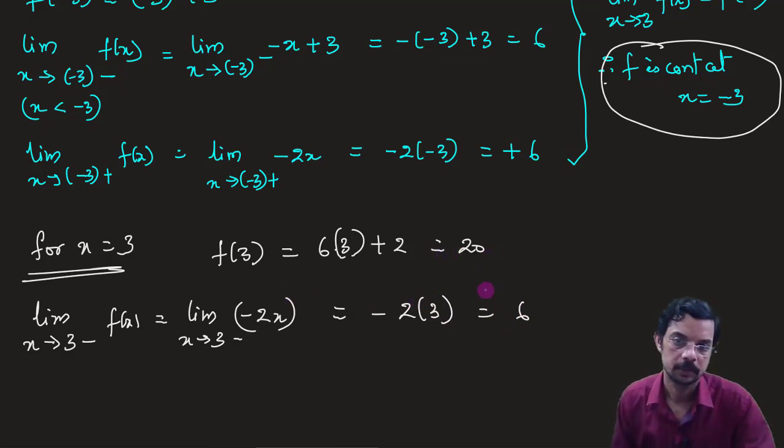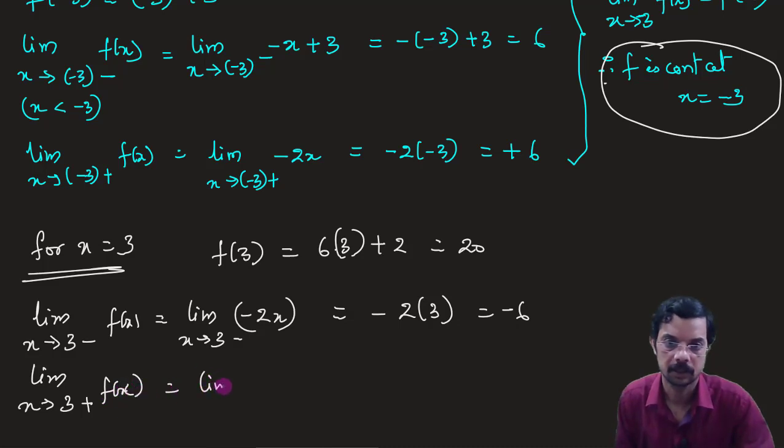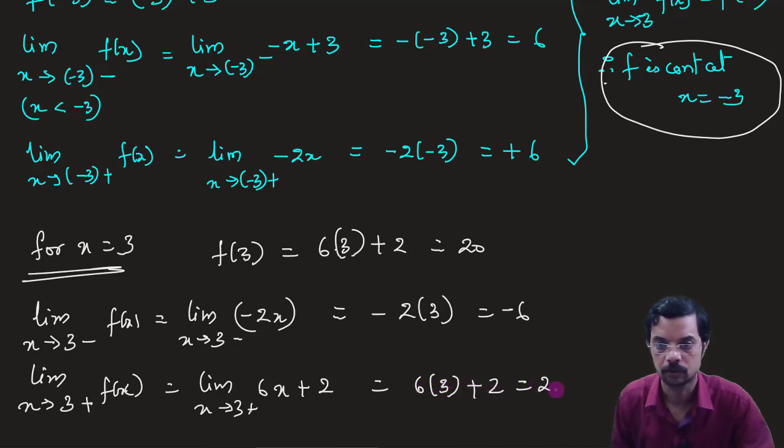And also limit x tends to 3 from the right, f of x, the function was defined as 6x plus 2. So that is equal to 6 into 3 plus 2, again that is equal to 20.